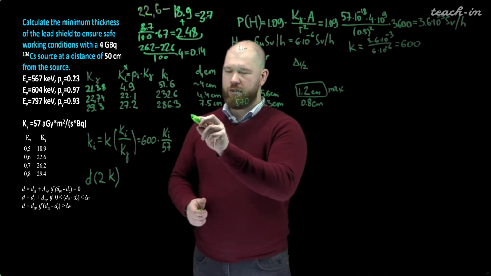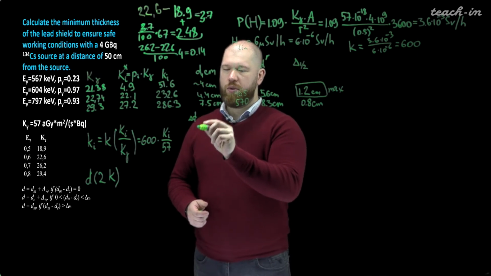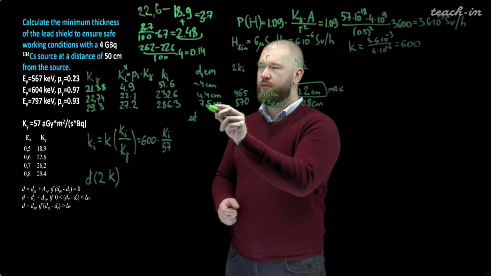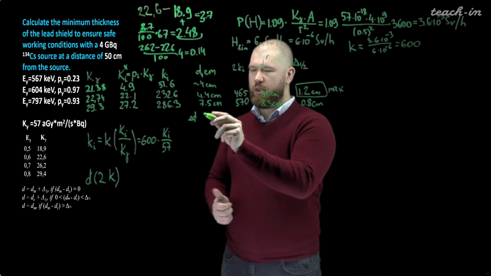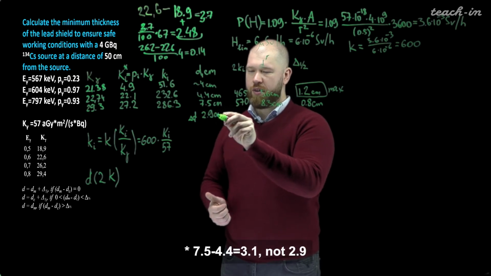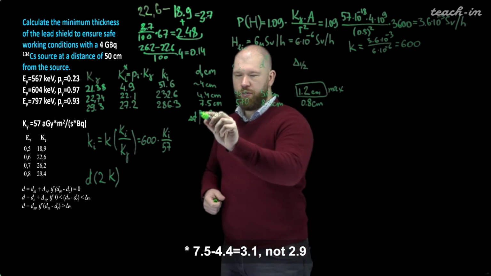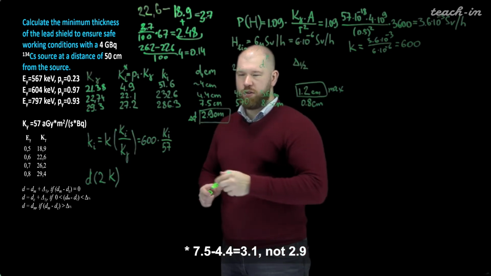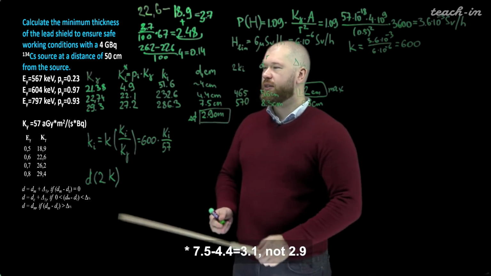So this delta D will be 7.5 minus 4.4, that will give us 2.9 centimeters. So we have two values for further analysis, this 2.9 centimeters and this 1.2 centimeters.